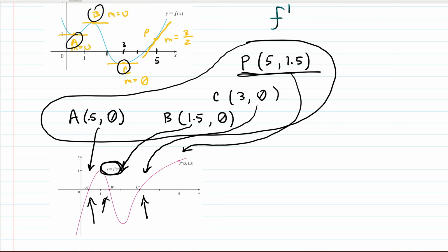So between A and B, if we look closely, the tangents have positive slope. So f prime is positive there.